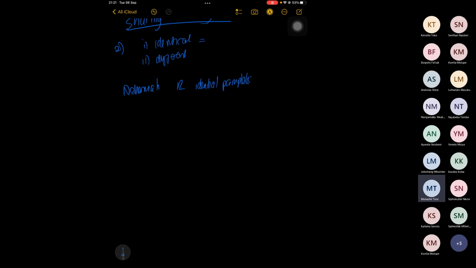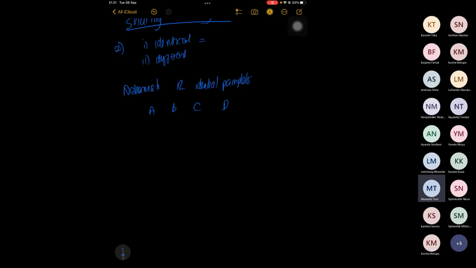That is sharing amongst A, B, C, and D. Then he says in such a way that Nehemiah gets at most 10 pamphlets. If he gets at most 10 pamphlets, isn't it what we did yesterday?